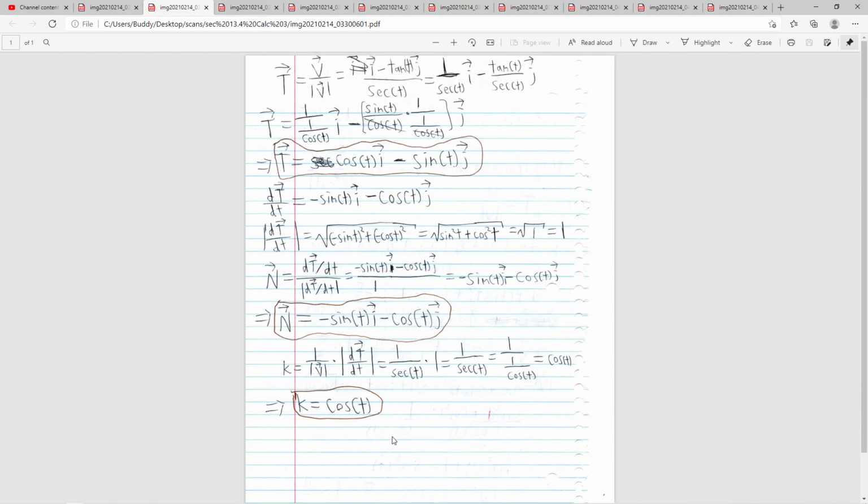A few of them look very similar to English letters. But besides the point, it's 1 divided by the magnitude of v times the magnitude of dT. So it's 1 divided by secant t times 1, which is equal to cosine t. When you simplify it down, k equals cosine t.